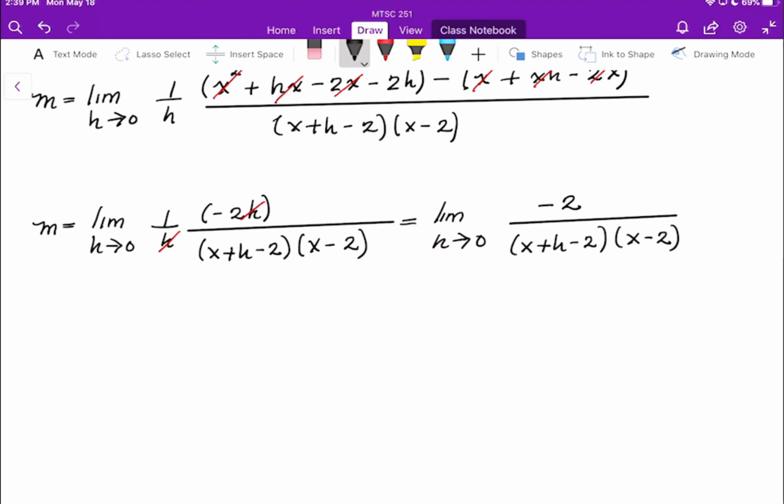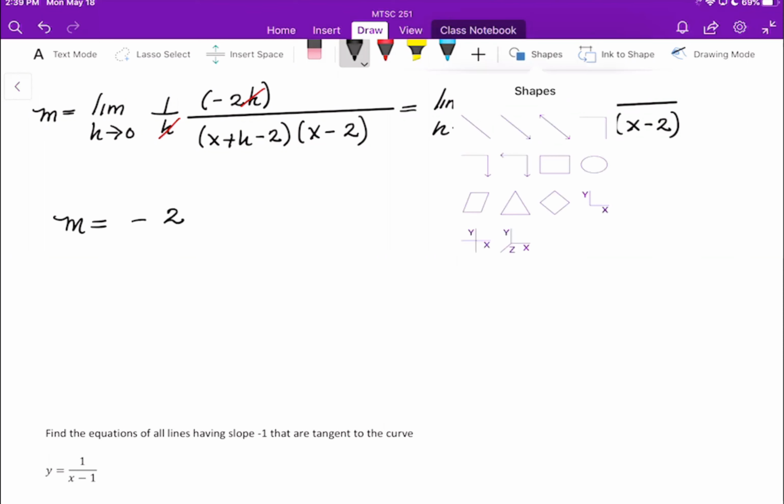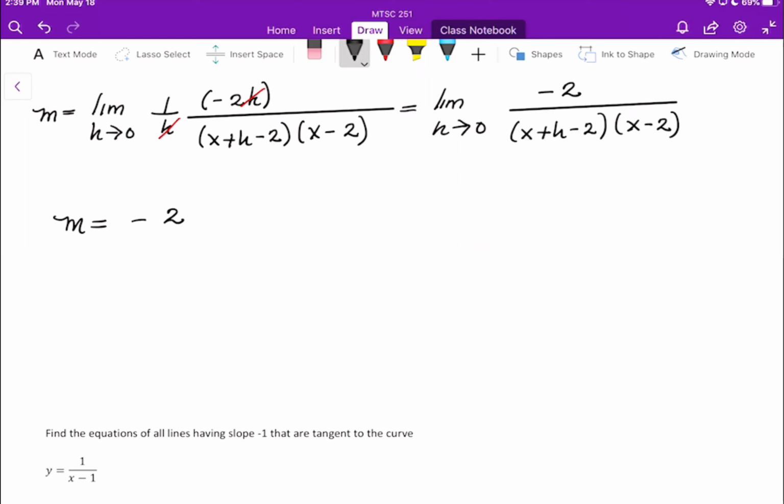So now as we take the limit, we get m is equal to negative 2 divided by the quantity, this h is going to go to 0. And so we're going to get x minus 2 quantity squared. So now we know what the slope is at any given point.